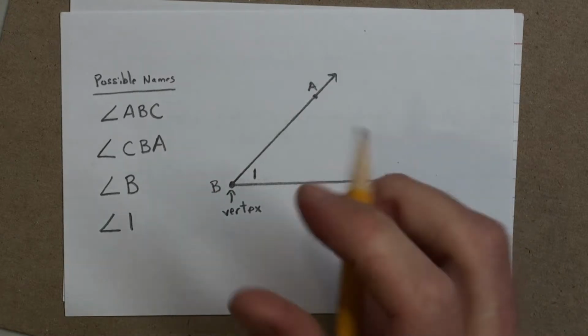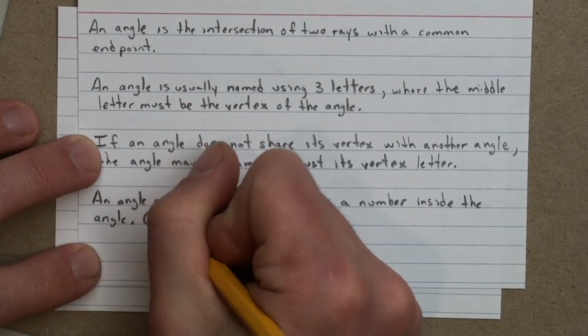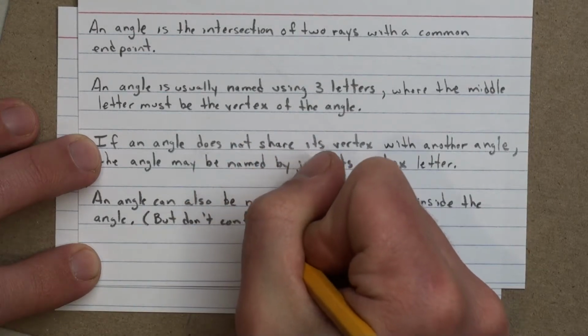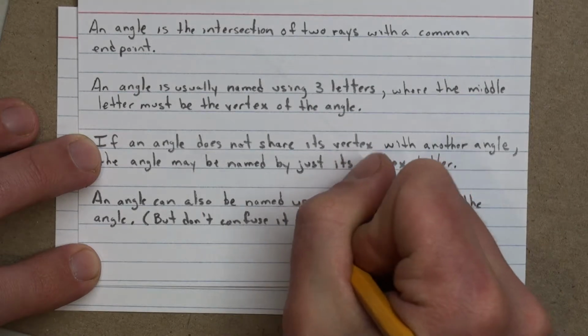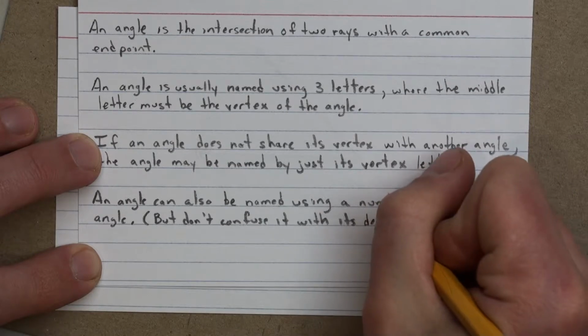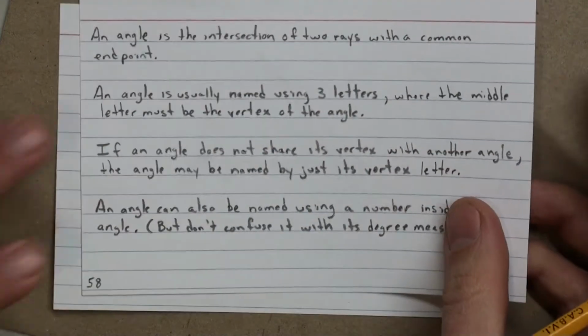Okay? And now let's put in parentheses, but don't confuse it with its degree measure. Okay, back to what we were doing. We just finished 64, so now we're on 65.